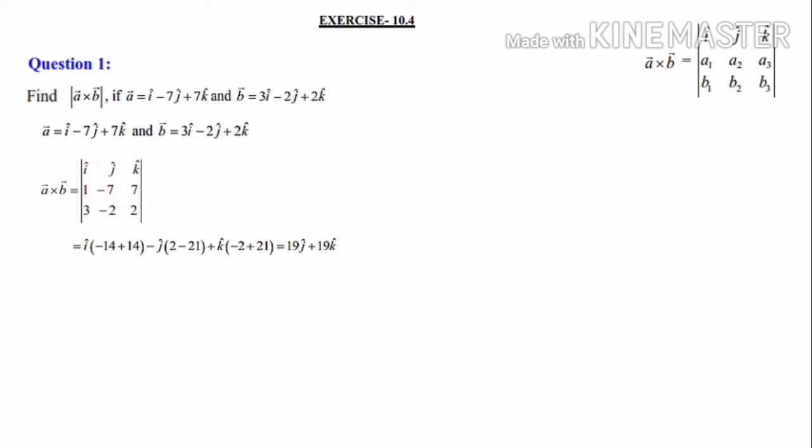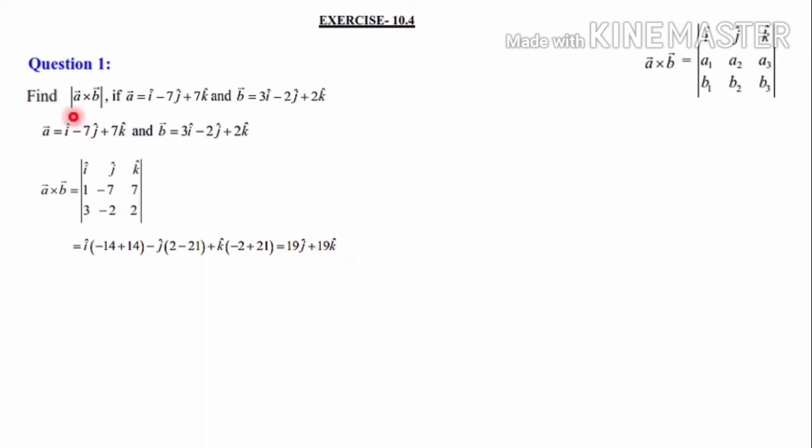Then 7 into 3, minus into minus plus 7 into 3 is plus 21. So here minus 14 plus 14 is 0. So that I is gone. Then next is 2 minus 21 is minus 19, minus into minus plus 19 into j, 19j. Then again minus 2 plus 21 is again 19, 19 into k cap, that is 19 k cap.